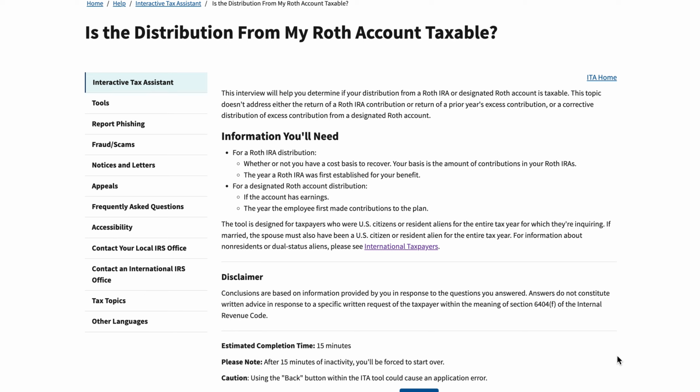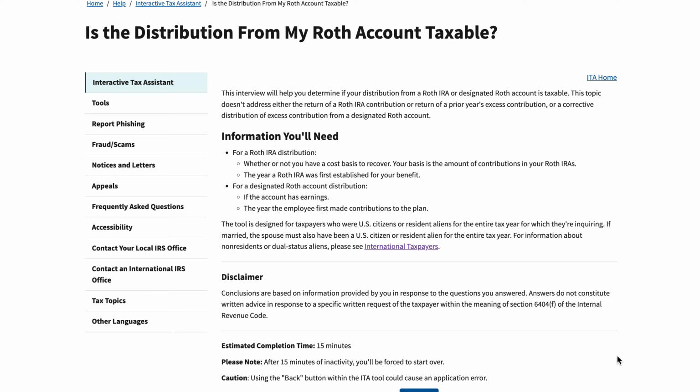It could be a Roth account distribution, so like a retirement account which is specifically designated as Roth. If the account has earnings, you need the first year that you made contributions to the plan, or the employee, if you're a beneficiary. According to this, it should take about 15 minutes.